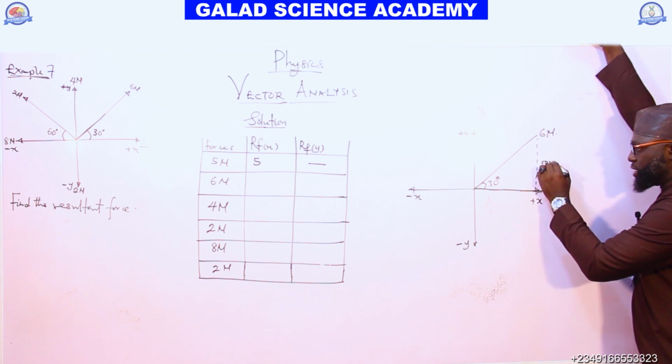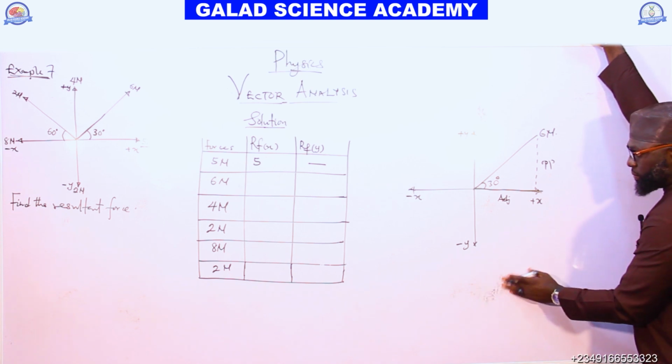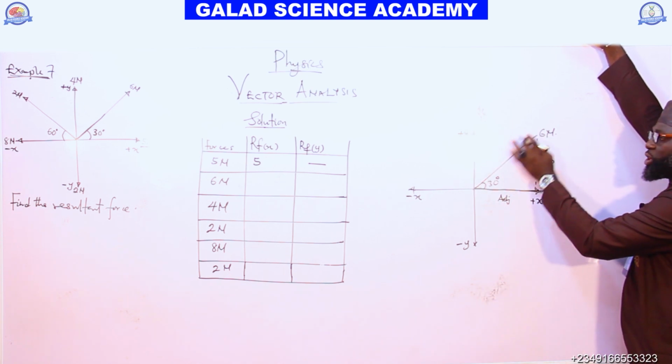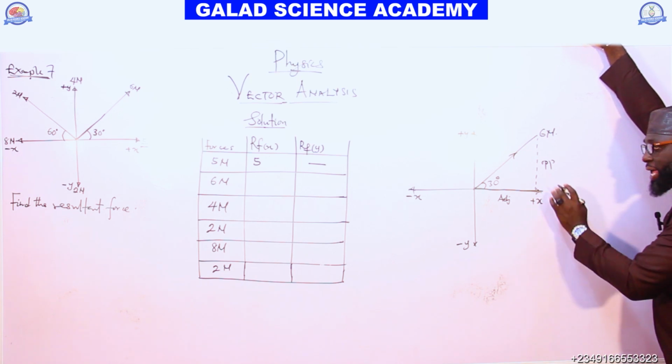This side is the opposite, here we have the adjacent, and this is the hypotenuse, which is 6 Newton.